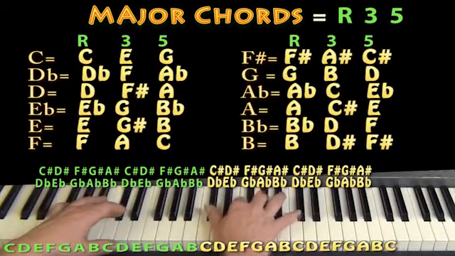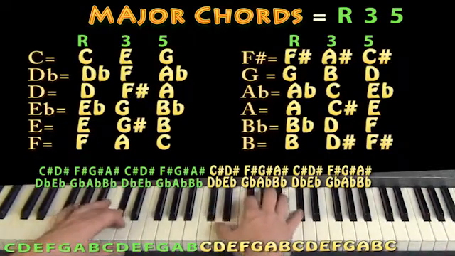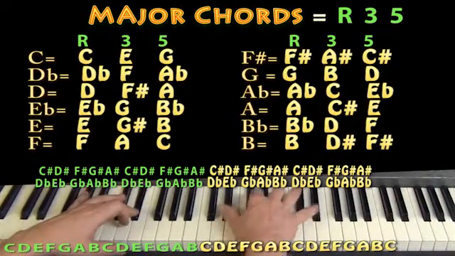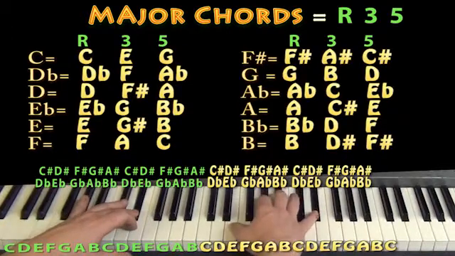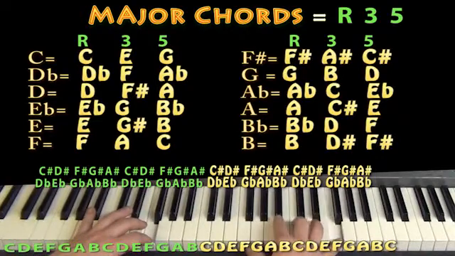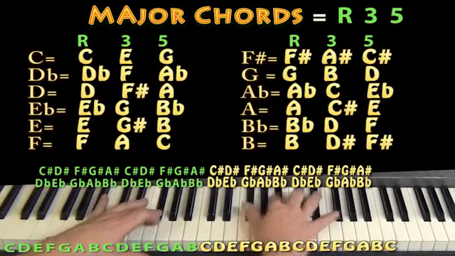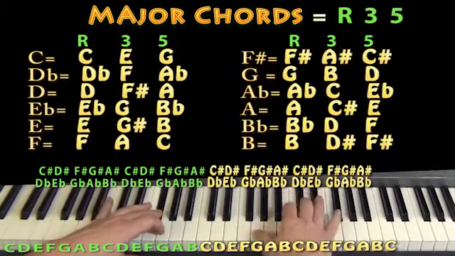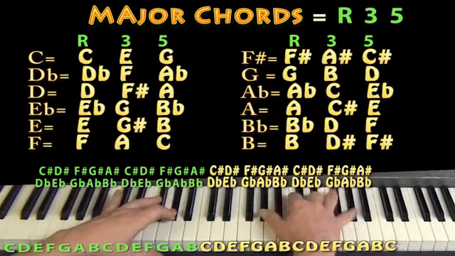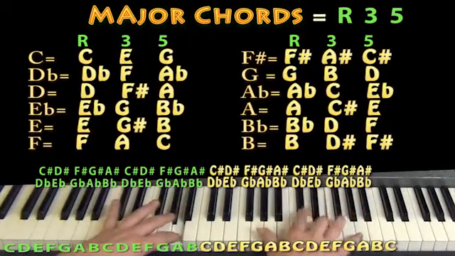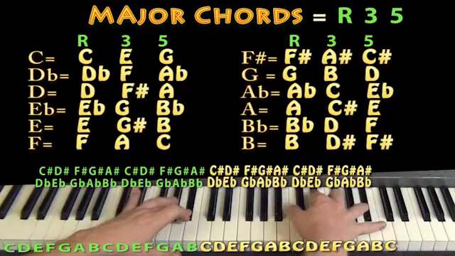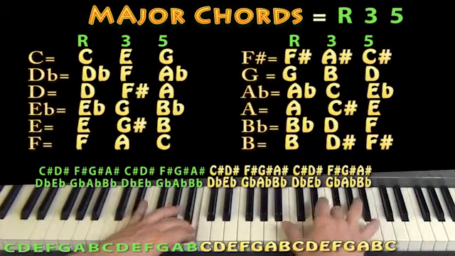The D flat major, D major, our E flat major, and I know that's a stretch there, or jump, E major, F major, F sharp major, G major, A flat major, A major, B flat major, B major, and then C major.